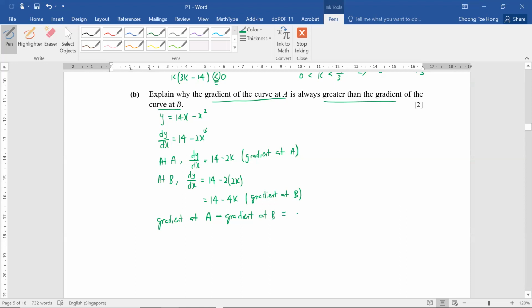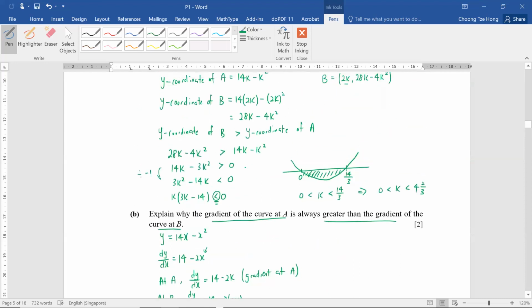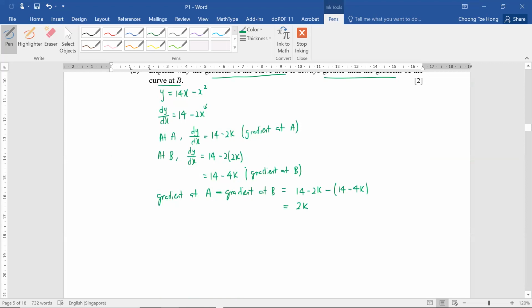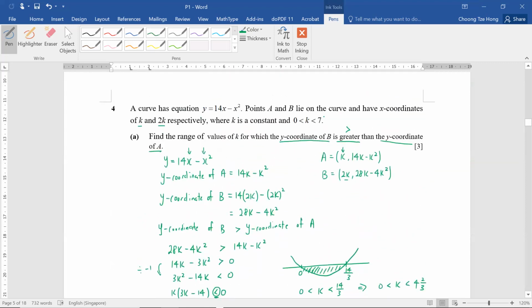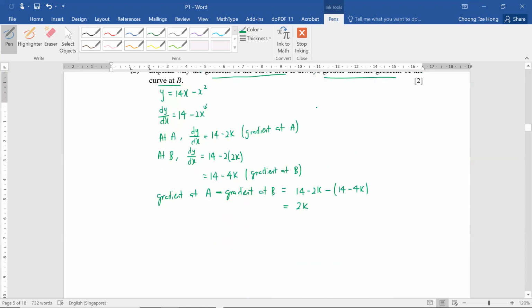We will get 14 minus 2k minus (14 minus 4k). If you subtract, you will get 2k. Remember in the original question, how are we going to prove that this 2k is greater than 0? k in the original question is between 0 and 7.